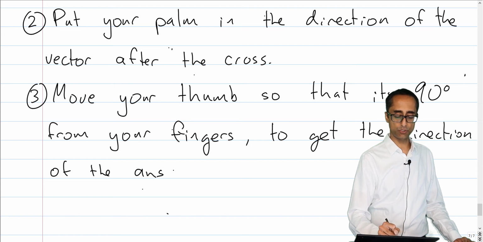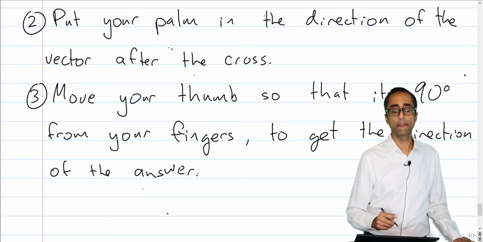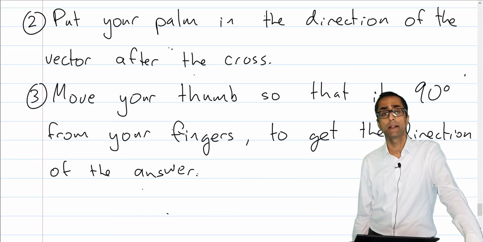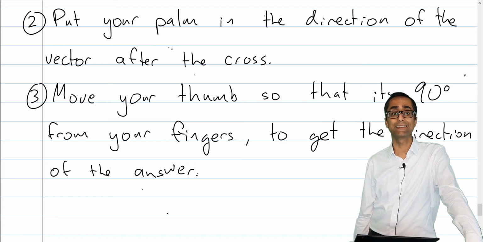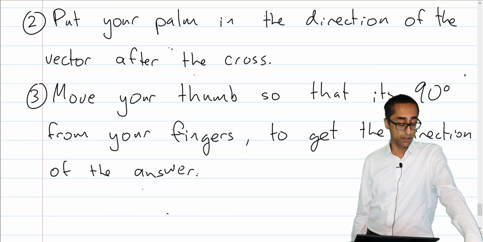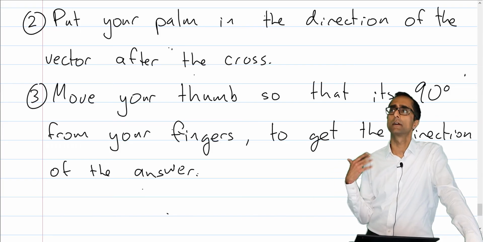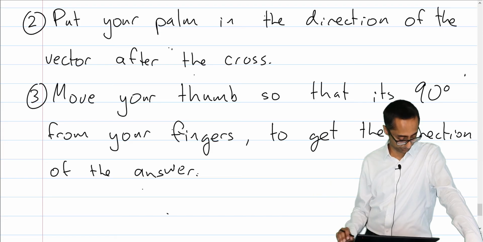Now, step 2, we talked about your palm. That was the part after the cross when we were talking about the Biot-Savart Law specifically. That means R hat. So your palm should point in the direction of R hat. And that means our thumb is going to be in the direction of the magnetic field, finally.